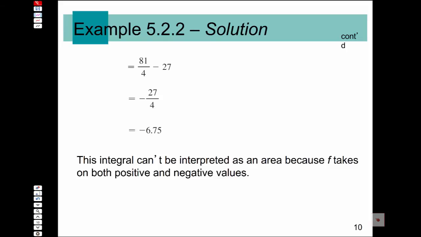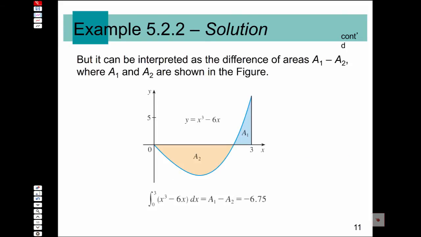And again, remember that the integral can't be interpreted as an area because f takes on both positive and negative values, but it can be interpreted as the difference of the areas A1 and A2, where A1 and A2 are shown in the figure here. So the definite integral of x cubed minus 6x from 0 to 3 can be interpreted as area A1 minus area A2, and that works out to a value of minus 6.75.